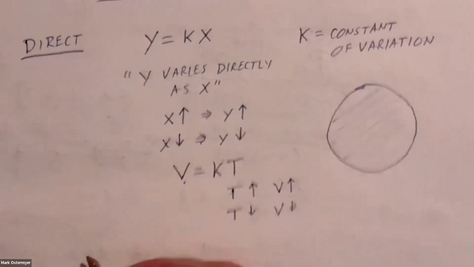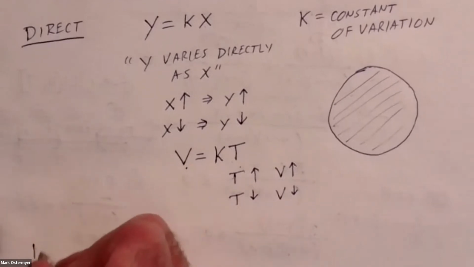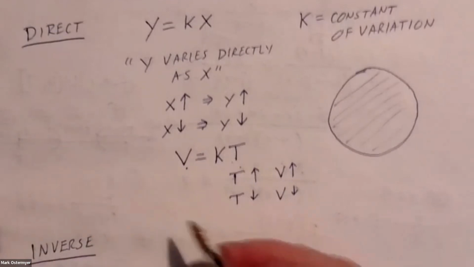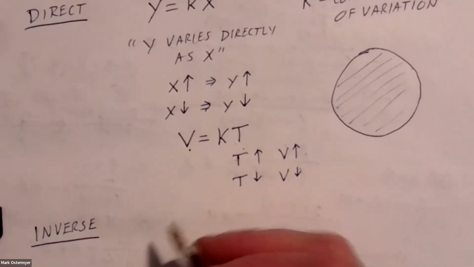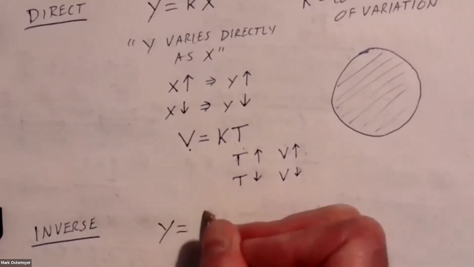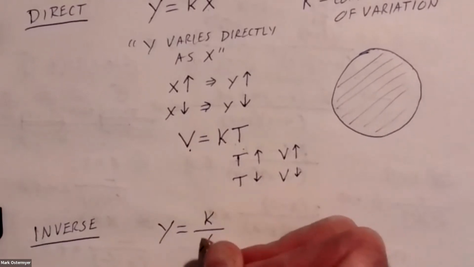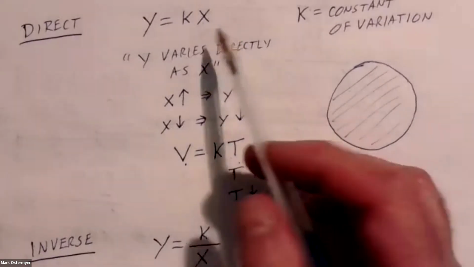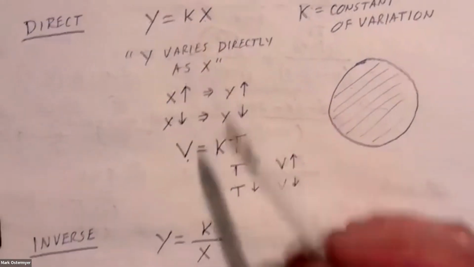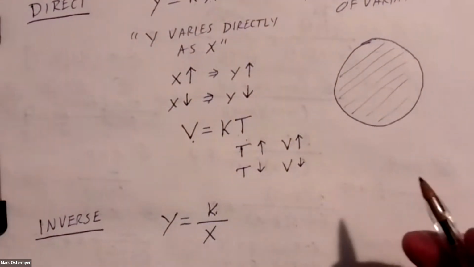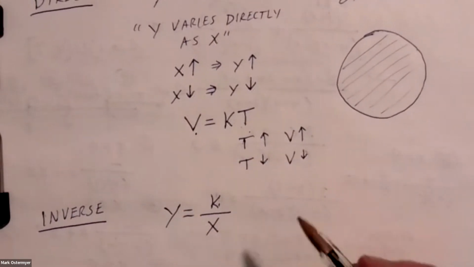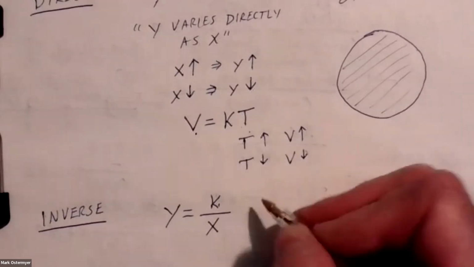We have another type of variation. It's called an inverse variation. And the equation of an inverse variation between y and x would look like this. You're noticing very quickly that these variations always contain this constant of proportionality, this variation constant k. This would be called an inverse variation between x and y. And specifically, how would we read this?